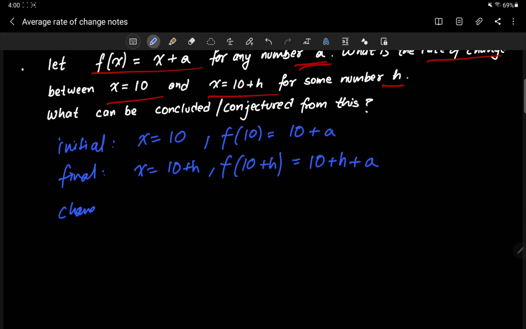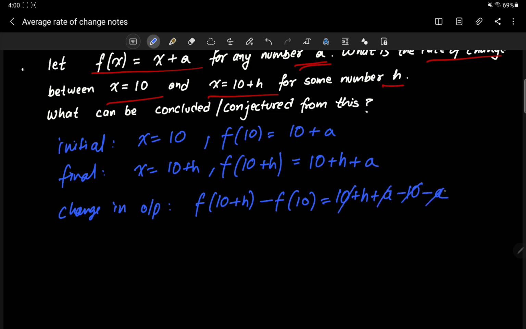So my change in output, that is f of 10 plus h minus f of 10, and that is 10 plus h plus a minus 10 minus a, and that is h. And my change in input is 10 plus h minus 10, which is also h.